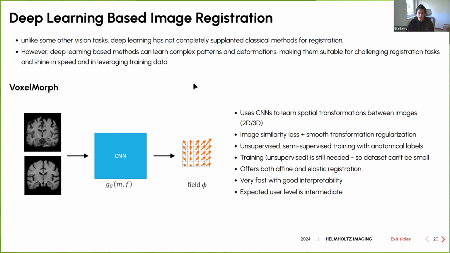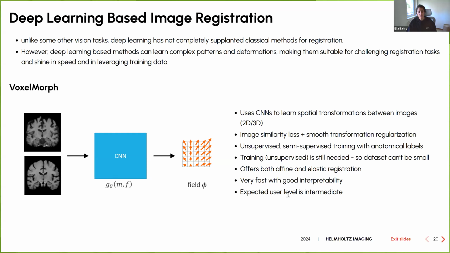In image registration, the classic approaches are still used very commonly, even though deep learning has good approaches that work. Many times, deep learning approaches do require bigger data sets because they need to train on your specific data set in order to work.